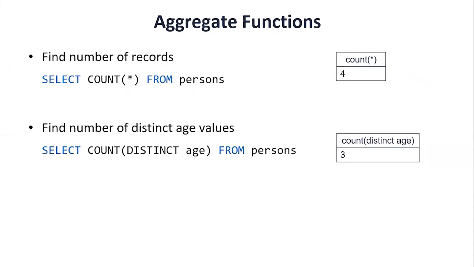And for this count aggregate function, we can have a special keyword if we want to count the values in a particular column, but specifically if we want only the distinct values.